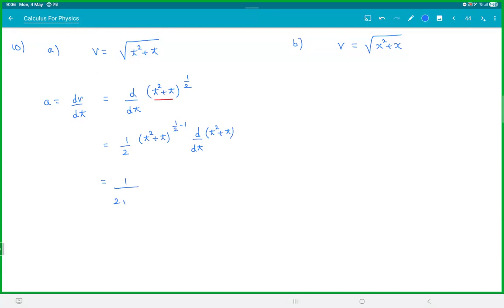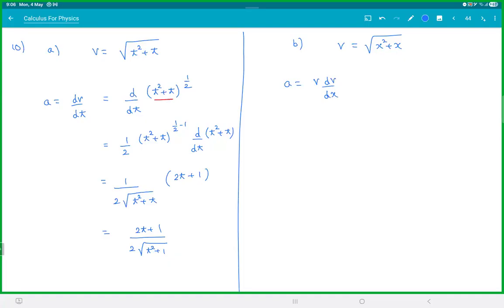This would be 1 by 2 root over t square plus t, and this guy would be 2t plus 1. So 2t plus 1 by 2 into root over t square plus t. That's your answer.